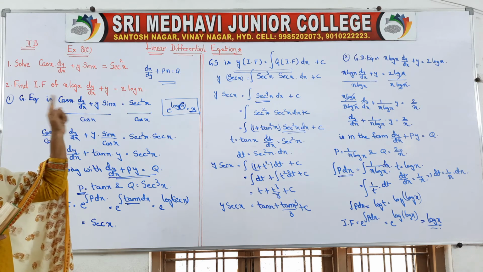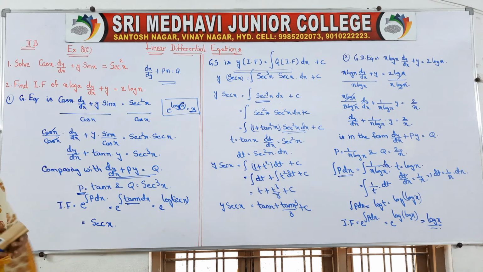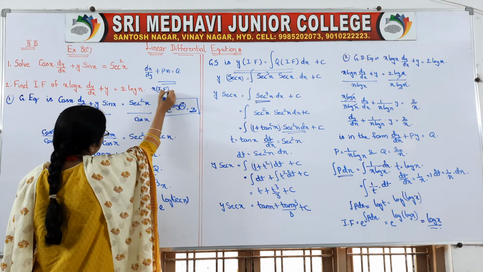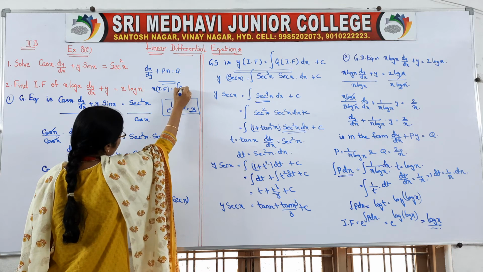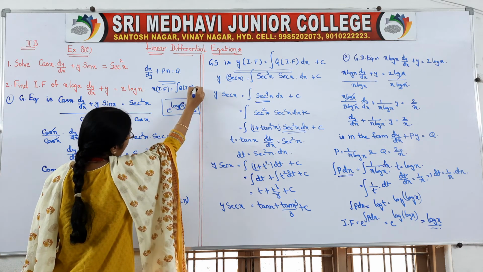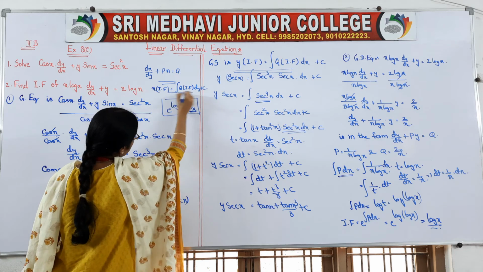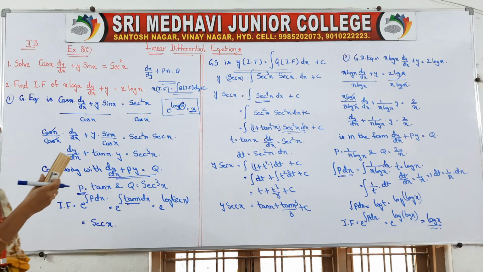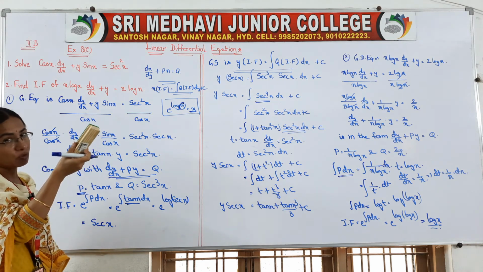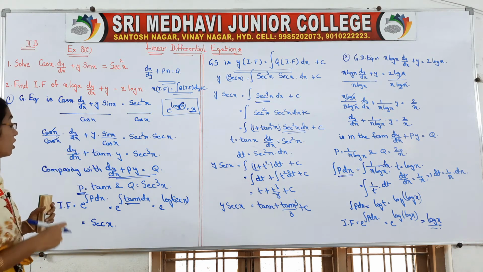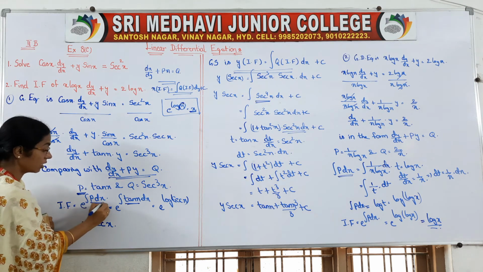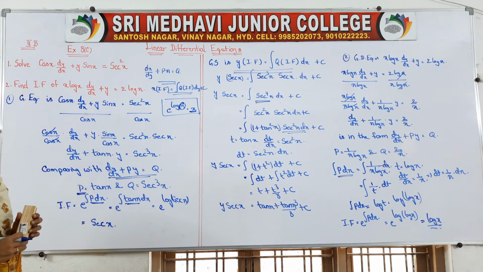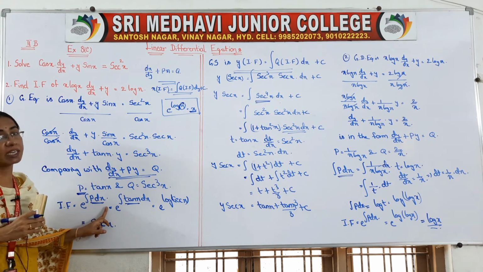Whenever the question is given in that form, your general solution will be x into integrating factor is equal to integration of q into integrating factor into dy plus c. That is the answer. While taking the integrating factor, here we have taken e to the power of integral p dx. There we have to take the integrating factor as e to the power of integral p dy.